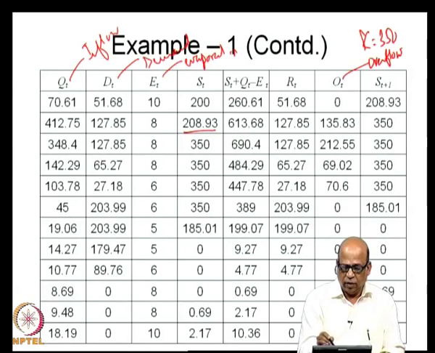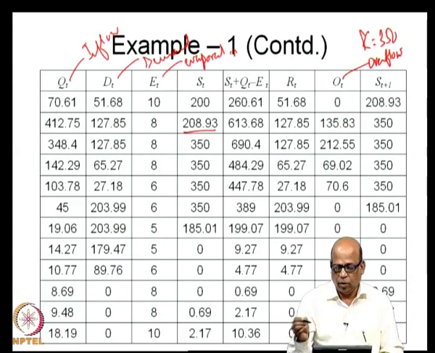Then 613.68 minus 127.85 is greater than 350, and therefore overflows will occur. You compute the overflow, which will be 613.68 minus 127.85 minus the capacity 350, that is 135.85, and therefore you end up with a storage of 350. Whenever there is an overflow, your storage at the end of the time period must be equal to the capacity 350.